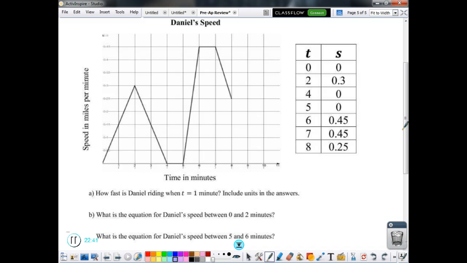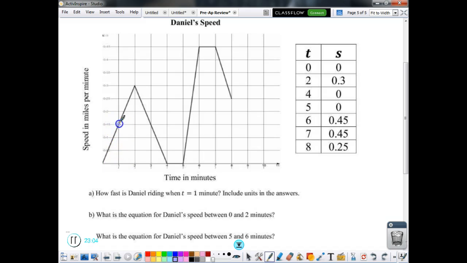So what kind of graph am I dealing with? A speed graph. So what is my y value? Your y value is speed. So basically they're asking, what is the y value when t = 1? It's 0.45?